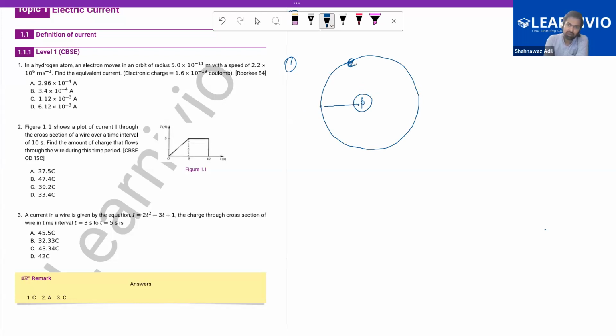Due to the electron movement, there would be some equivalent current, and we have to find out that equivalent current.